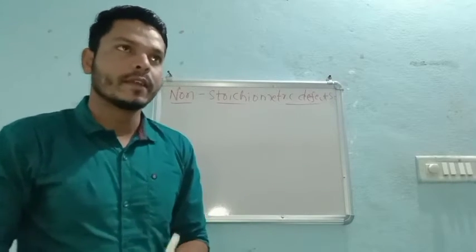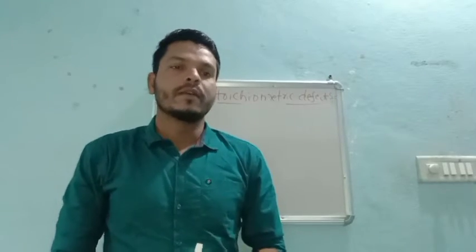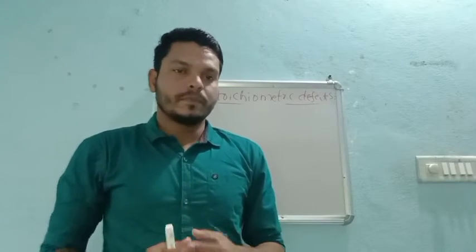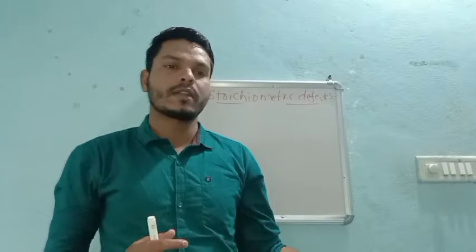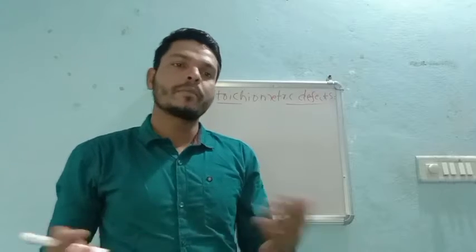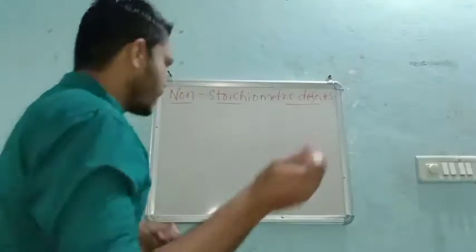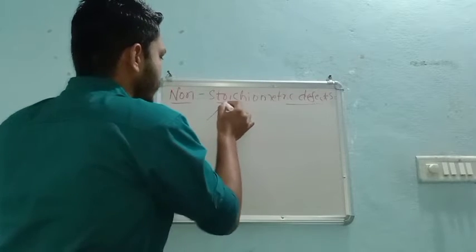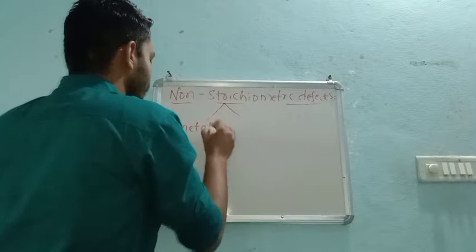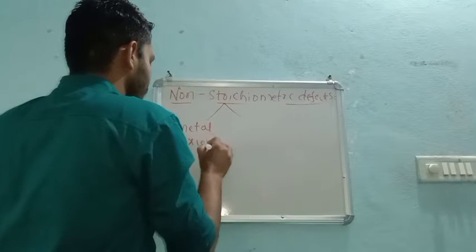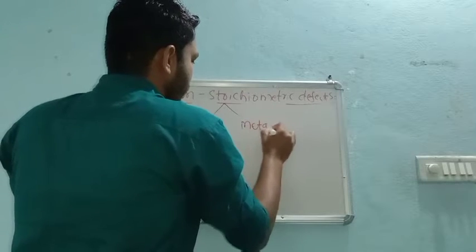In some cases more positively charged species may be present. There are two types: metal excess defect and metal deficiency.